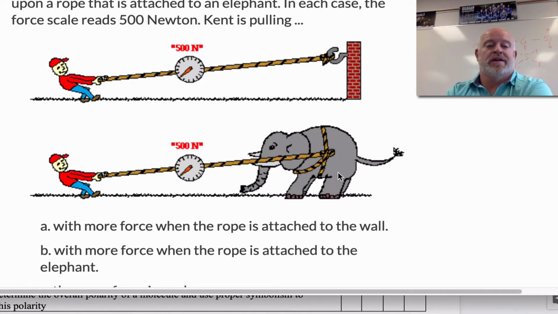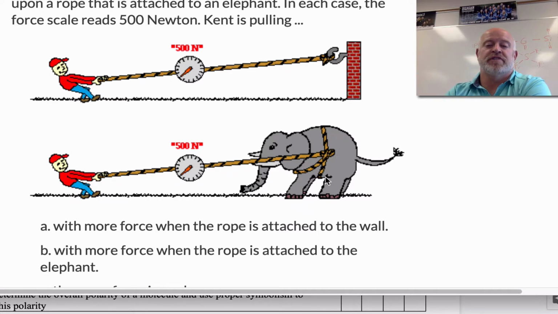Again, if we take a look at Newton's third law, the third law says everything has an equal and opposite. So if he is pulling with 500 newtons in that direction, that means the wall has to be pulling back with 500 newtons. Now it seems weird because the wall is just brick and mortar. It's not actually pulling like you are with your hands, but its structural integrity withstands a force of 500 newtons. So basically the ring doesn't pull out of the wall.